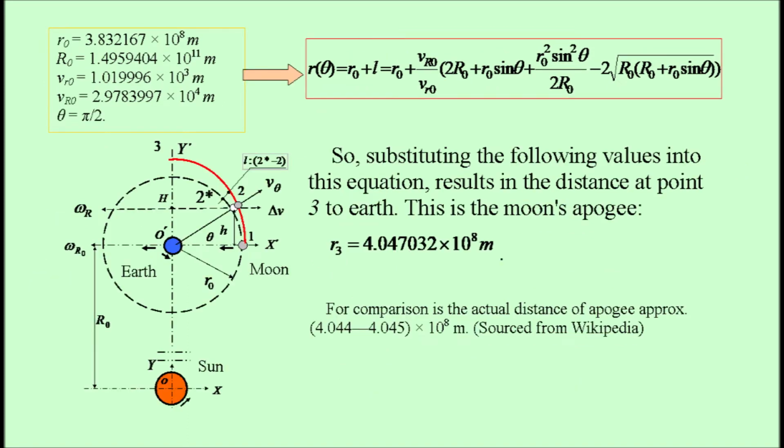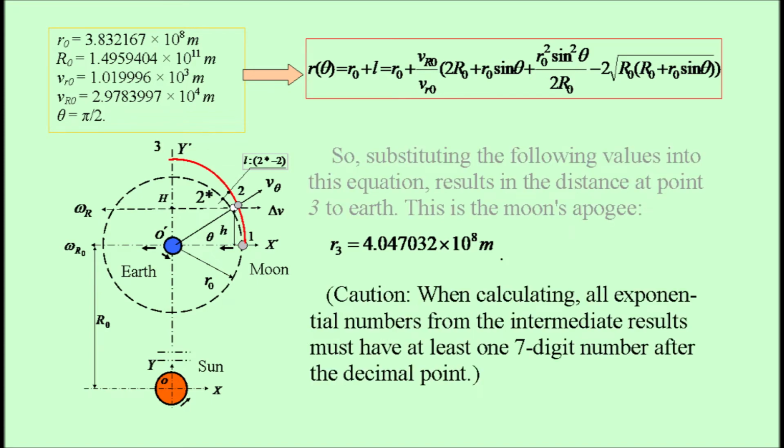So, substituting the following values into this equation results in the distance at point 3 to Earth. This is the Moon's apogee. Caution, when calculating, all exponential numbers from the intermediate results must have at least seven digits after the decimal point.